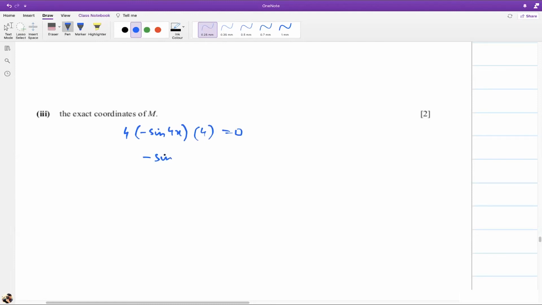So that tells me minus sine 4x equals to 0.